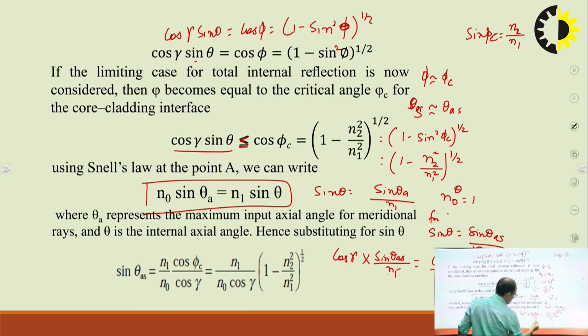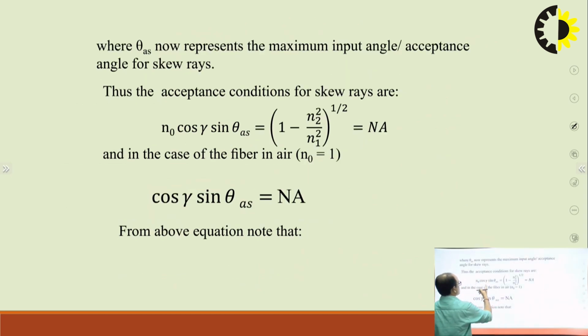So the n1 cancels out, and this cos gamma sin theta as will become equal to (n1 squared minus n2 squared) to the power 1 by 2. Clear?